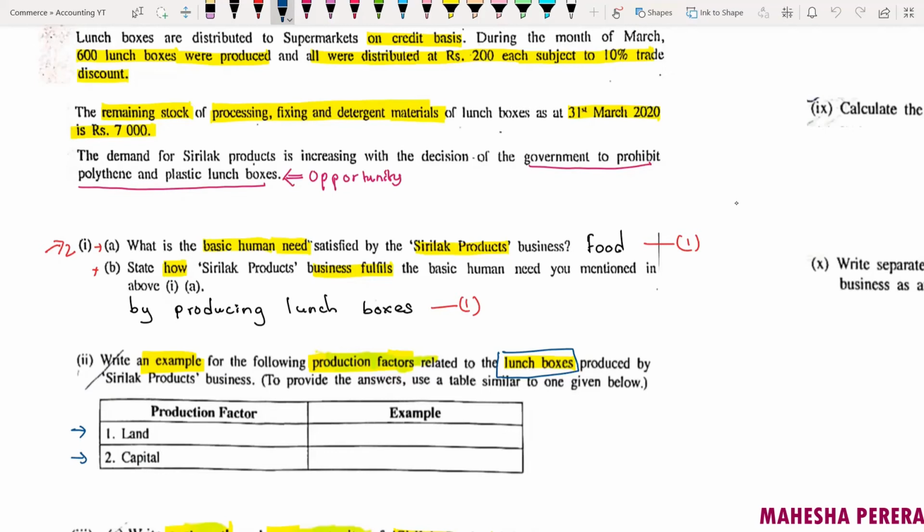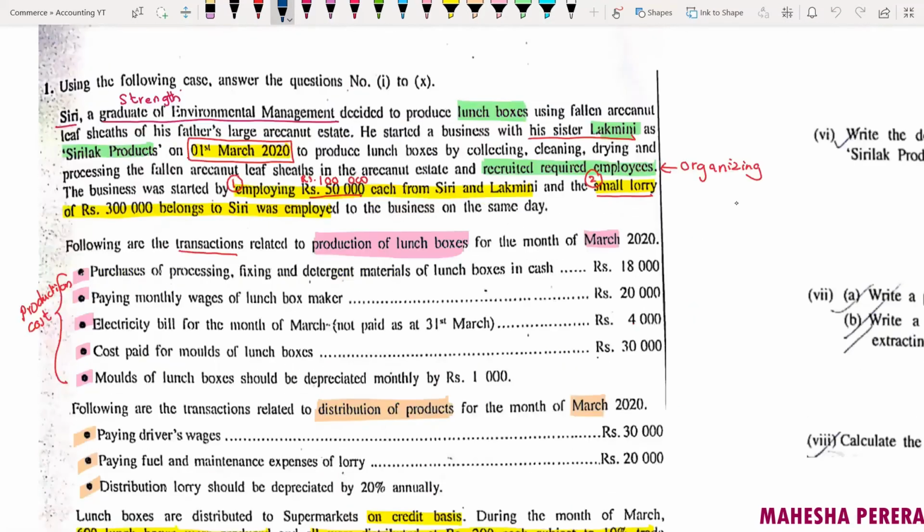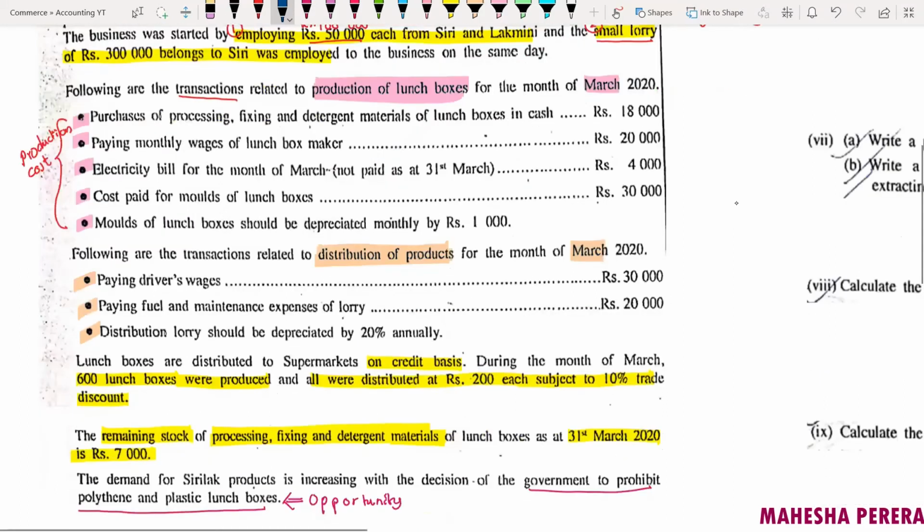So obviously, we see that this is an eco-friendly product and it is made out of arecanut leaf sheets. So we can write these words, arecanut leaf sheets.